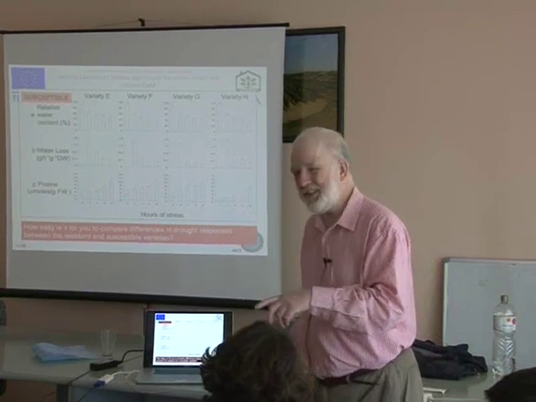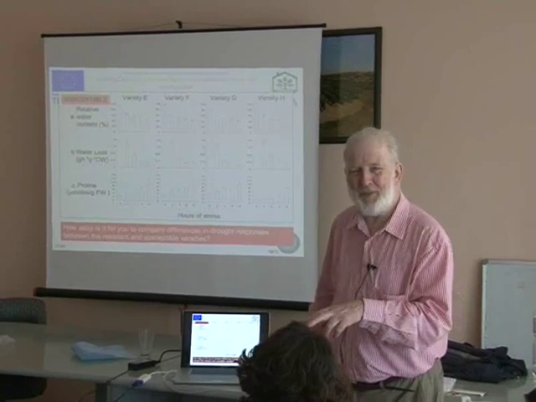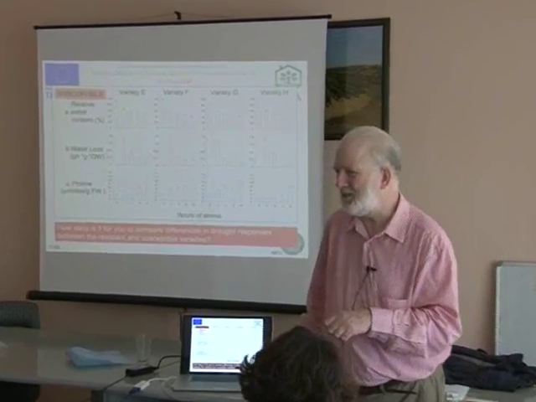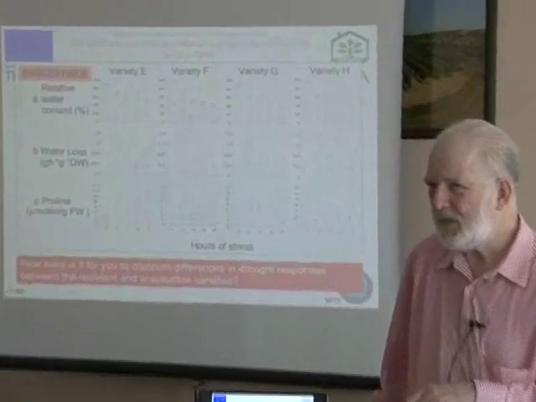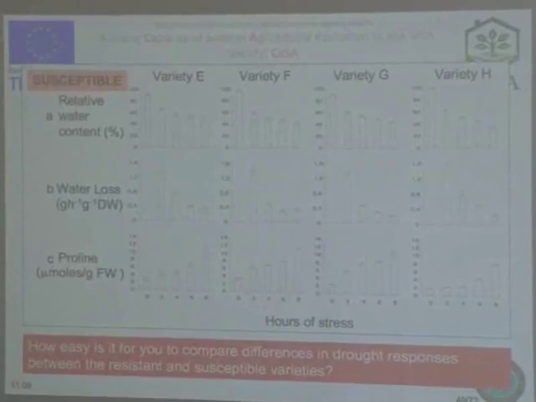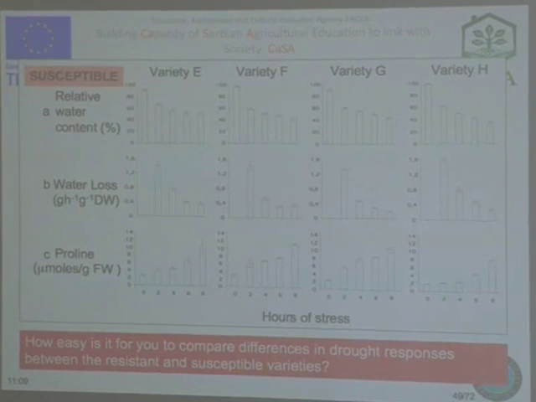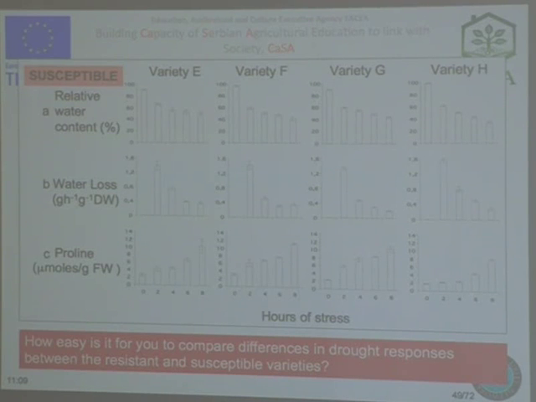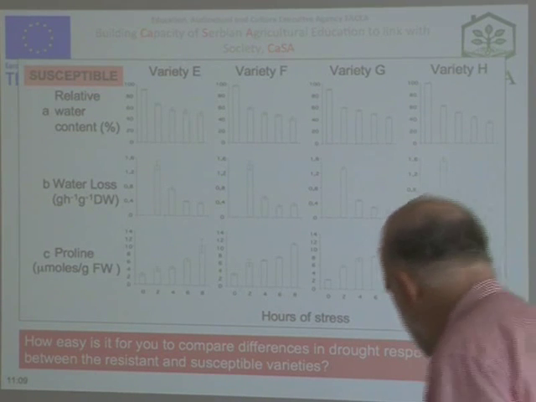And I think you'll find, any of you, have you seen the handout which I sent? If you try printing out the handout, you will find that those 2 figures are on different pages. So those will illustrate the challenges that you will have in trying to make the comparison between the resistant and the susceptible varieties.